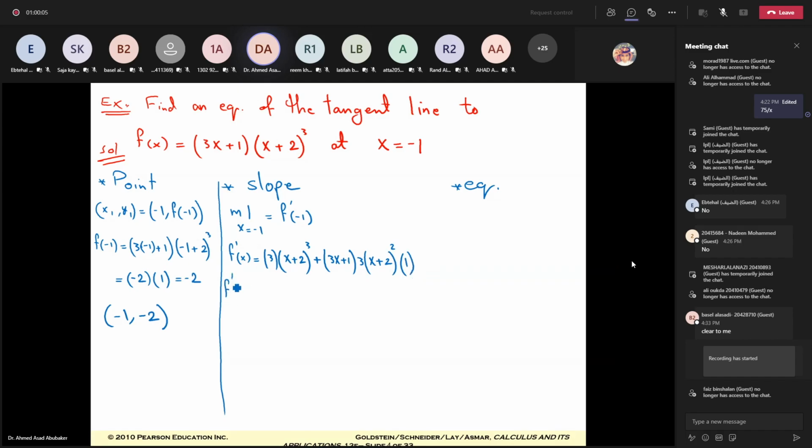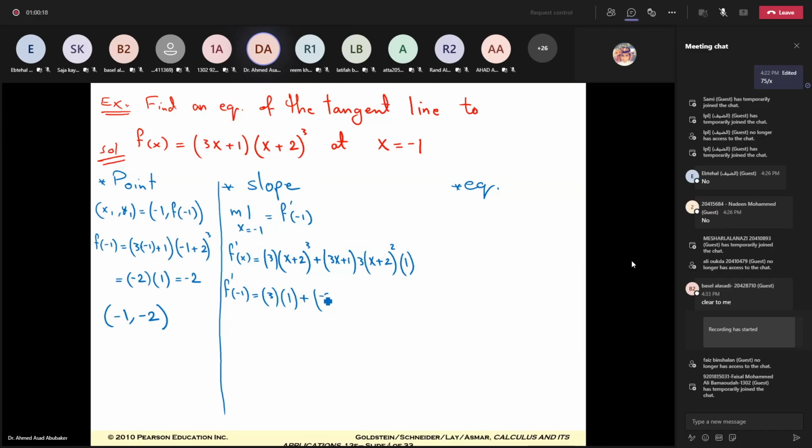So f prime at negative 1: substitute negative 1, we have 1 to the power 3, which is 1, plus, substituting negative 1, we have negative 2 multiplied by 3 multiplied by 1 and 1. So we have 3 minus 6 equals negative 3. So the slope equals negative 3.